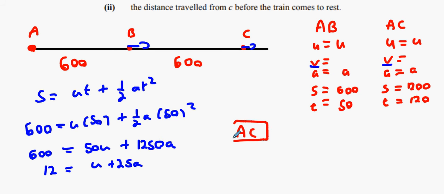Alright, let's try AC now. We're going to use S equals UT plus half AT squared again.